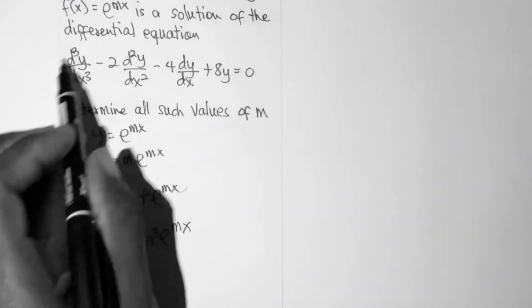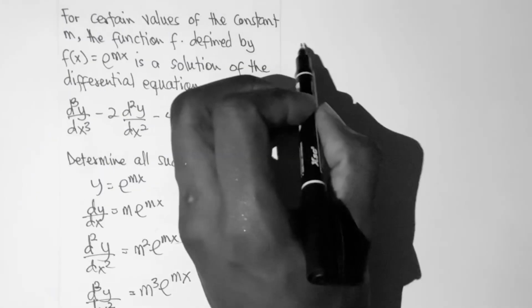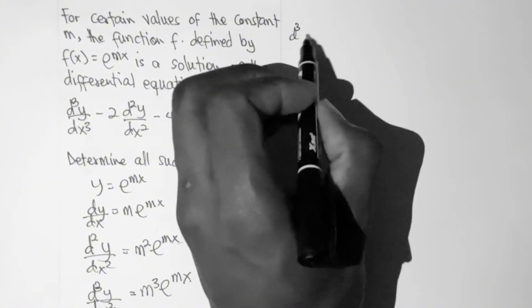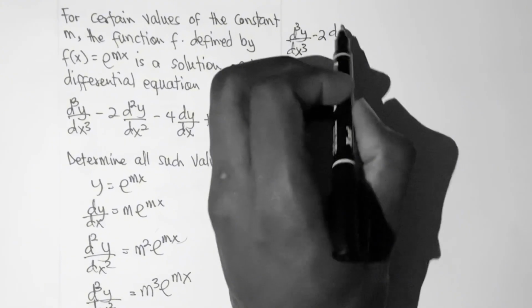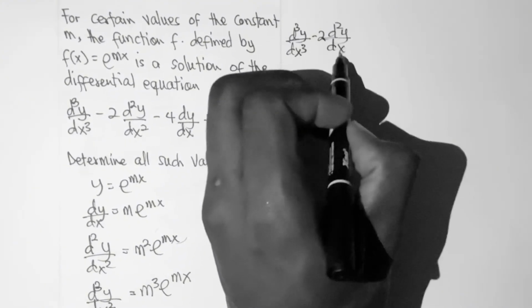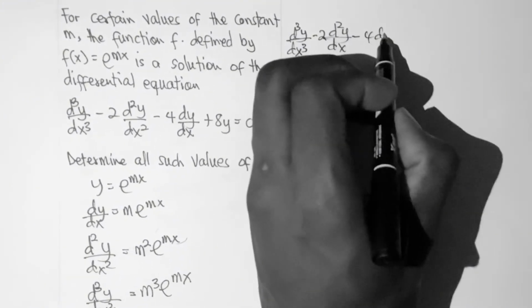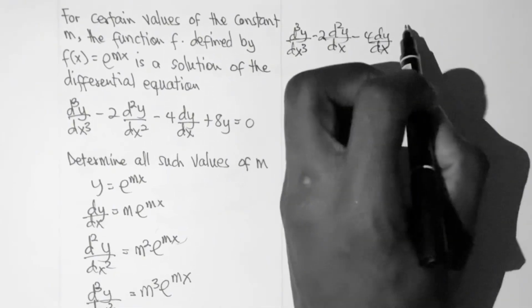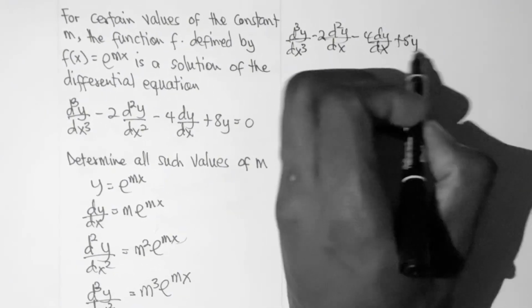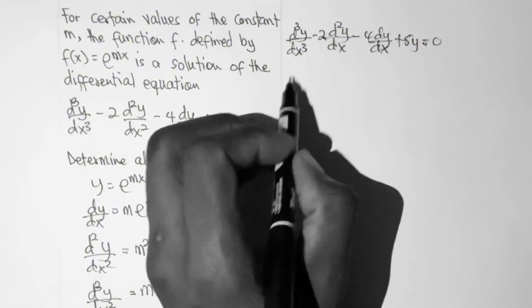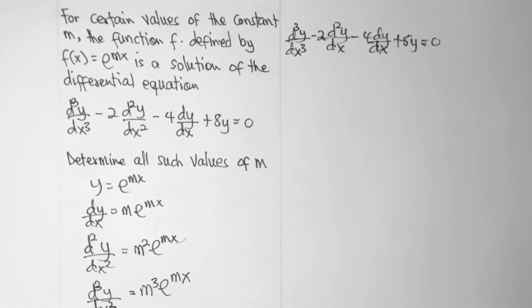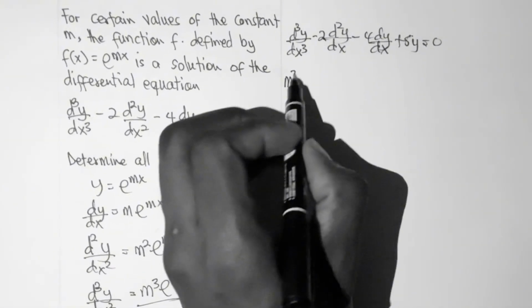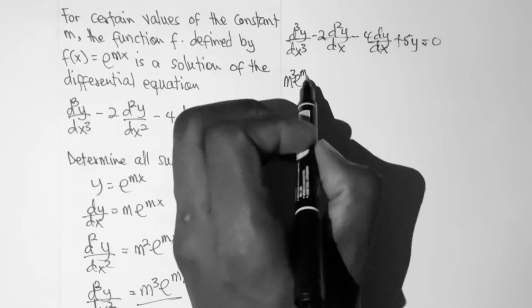So we can now put all of this into this equation. Remember that the equation is d³y/dx³ minus 2 d²y/dx², then minus 4 dy/dx plus 8y is equal to 0. So d³y/dx³ is all of this, so it is m³ e^(mx).